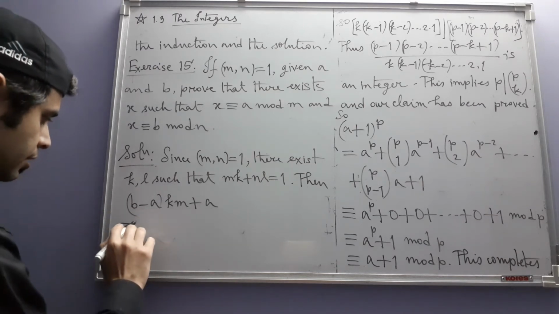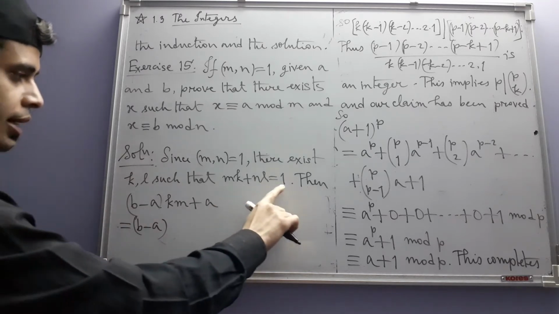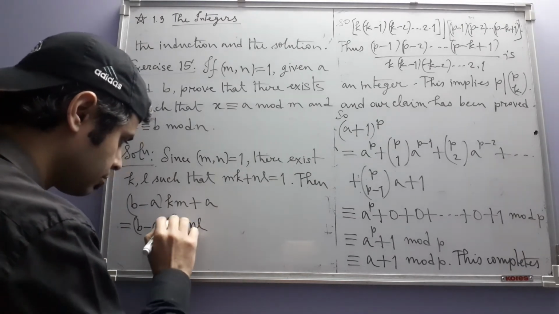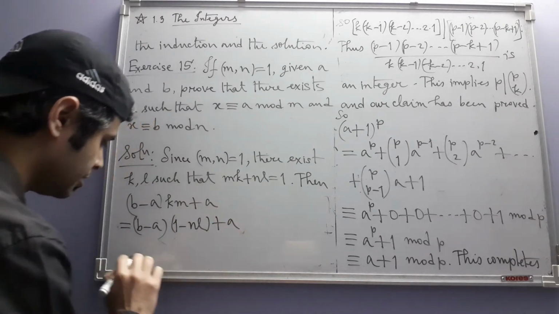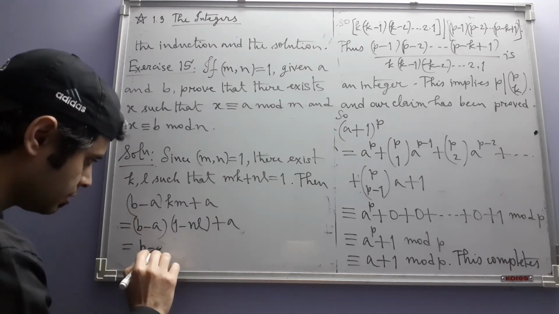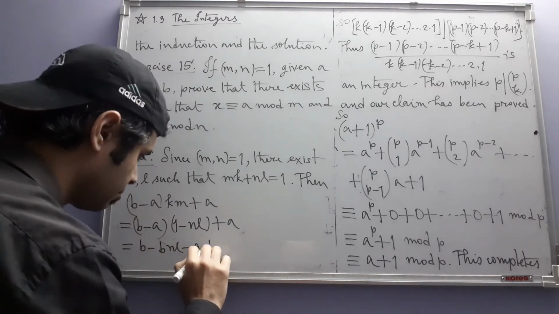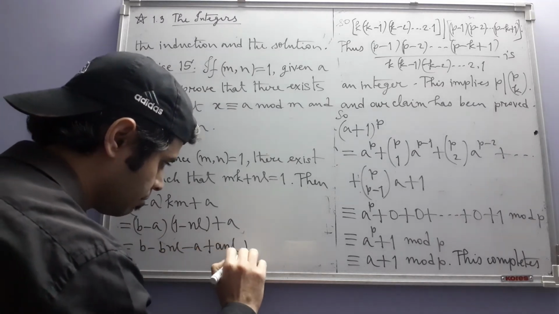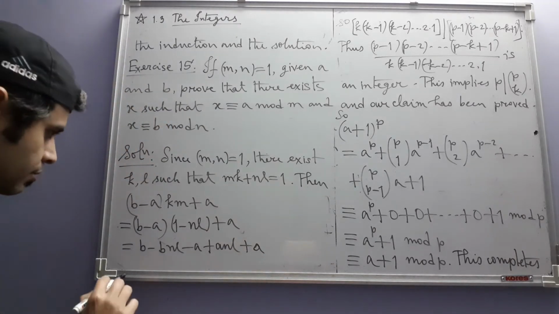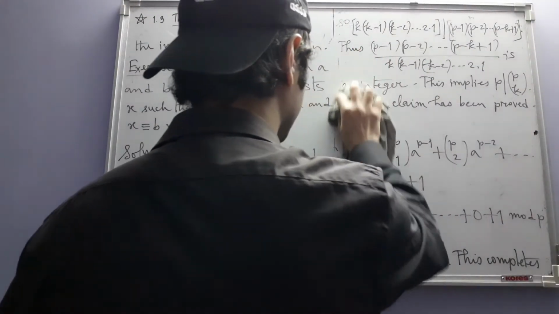In place of km we can write 1 minus nl, and we multiply: b minus bnl minus a plus anl plus a. So minus a and plus a cancel out.